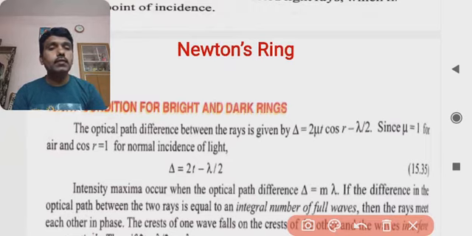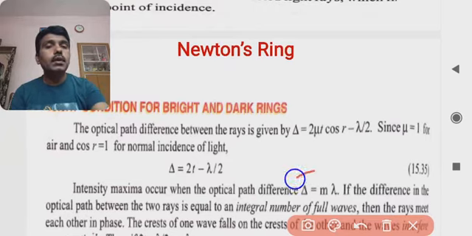The path difference will be equal to the integral multiples of this incident wavelength lambda.